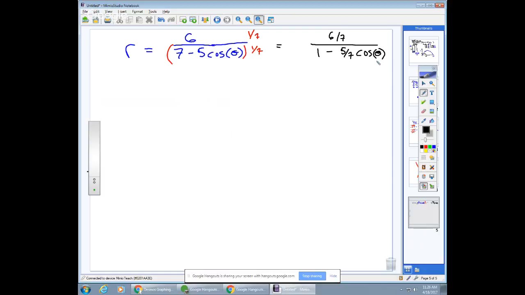So what does this tell me about it? This tells me a couple of things. It tells me this is oriented horizontally. And the horizontal orientation tells me that both foci would be on the x-axis.